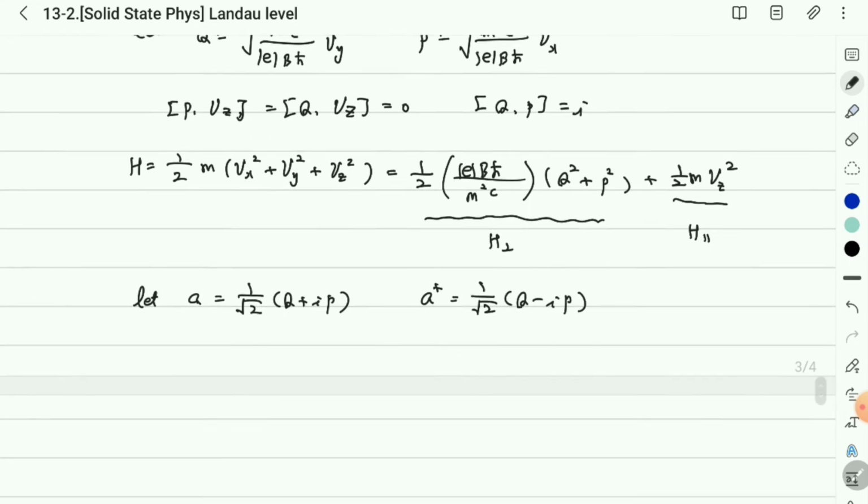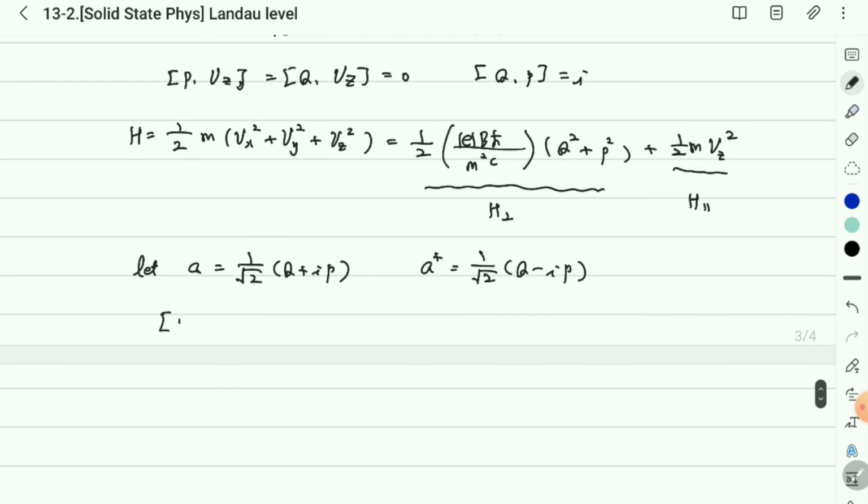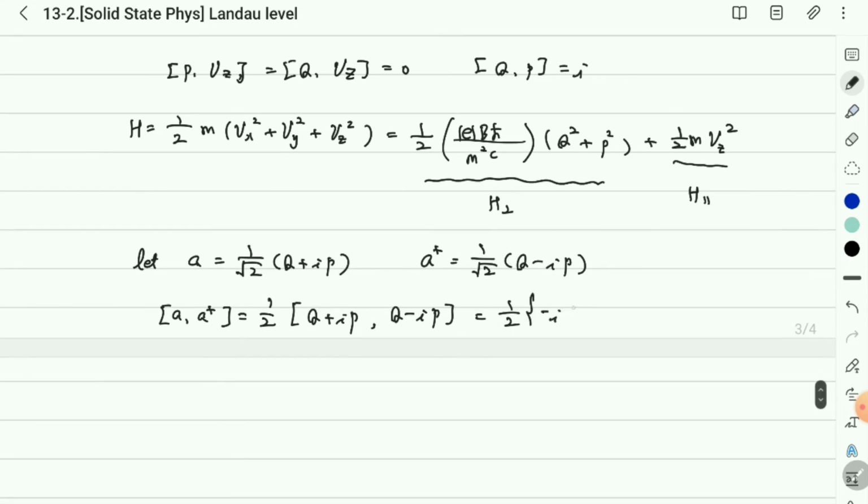Then the commutation relation of A and A dagger is 1/2 times (Q plus iP) and (Q minus iP), which gives minus i QP plus i PQ. Since the commutator of Q and P equals i, it is 1/2 times (1 plus 1), which equals 1.